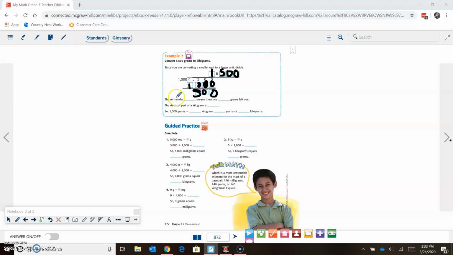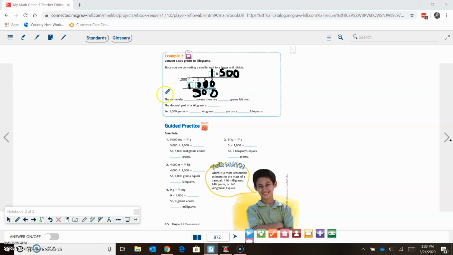Okay. So the remainder, 500, means there are 500 grams left over. The decimal part of a kilogram is half, 0.5. So 1,500 grams would be 1 kilogram and 500 grams, or 1.5 kilograms.